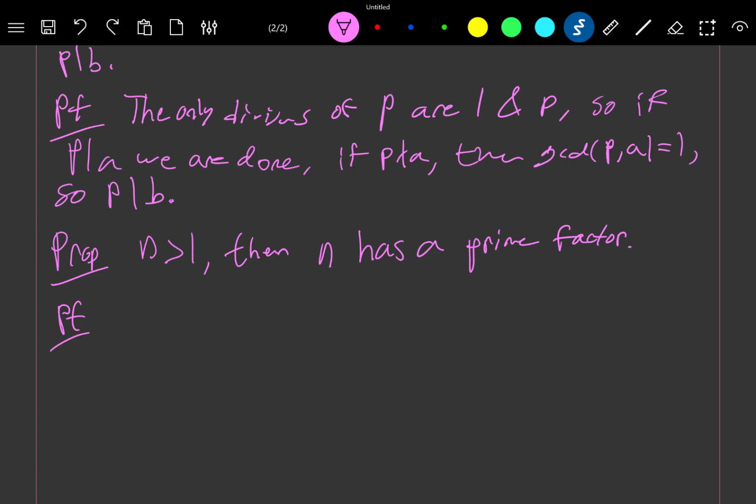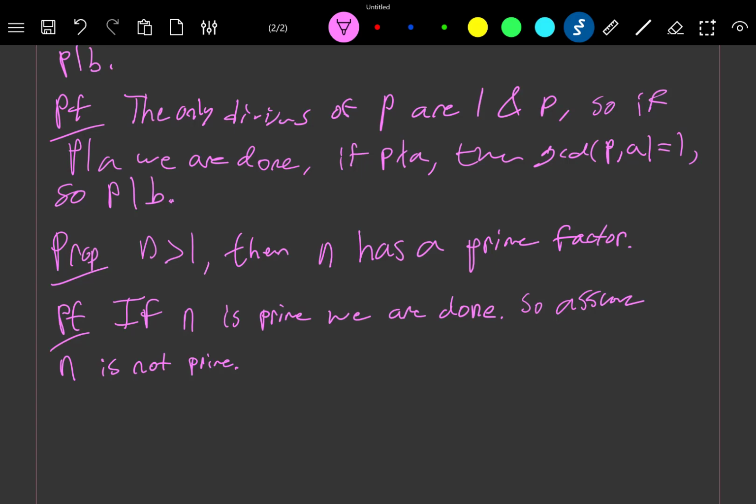How can we prove this? So let's just say if n is prime, we are done. So it suffices to show that n is not prime.